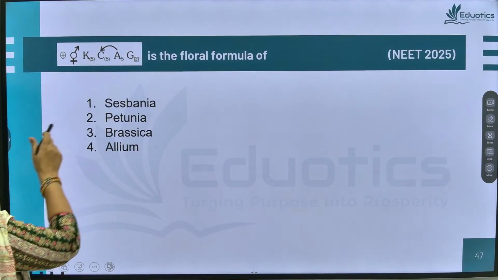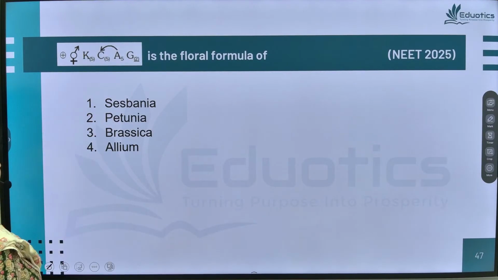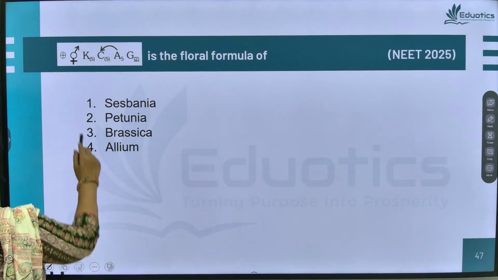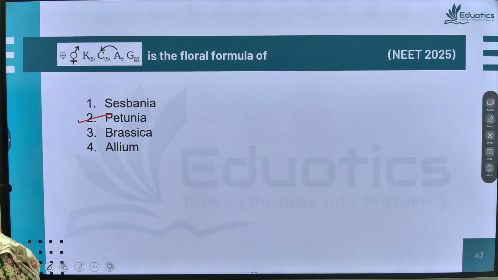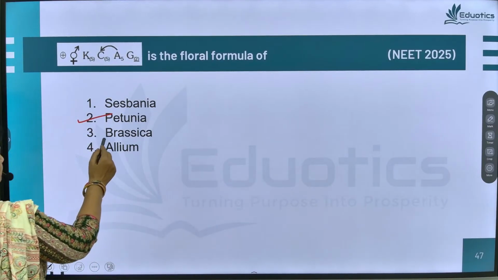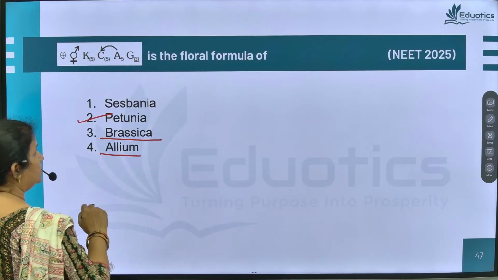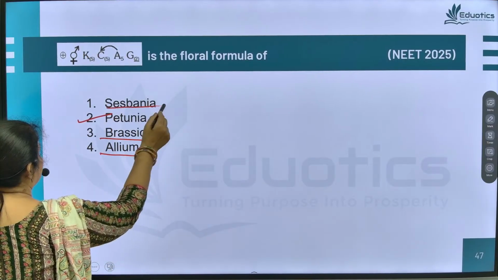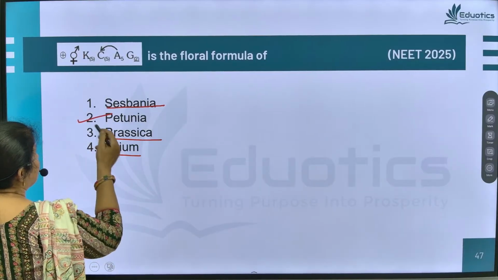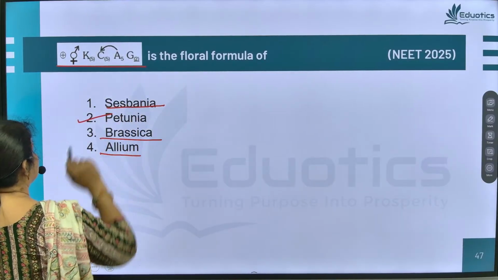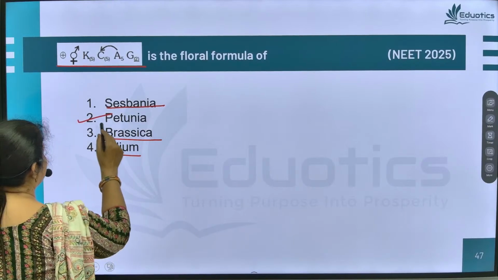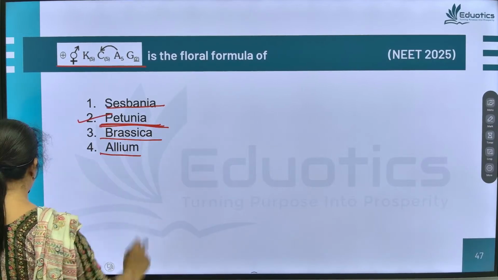An epipetalous condition in the floral formula is a feature of the family Solanaceae. An example of Solanaceae we have here is Petunia. Among these four, Sesbania, Petunia, Brassica, Allium: Brassica is family Brassicaceae, Allium is Liliaceae, Sesbania is Fabaceae. While we need an example for this floral formula, which belongs to the family Solanaceae, of course the answer will be Petunia.